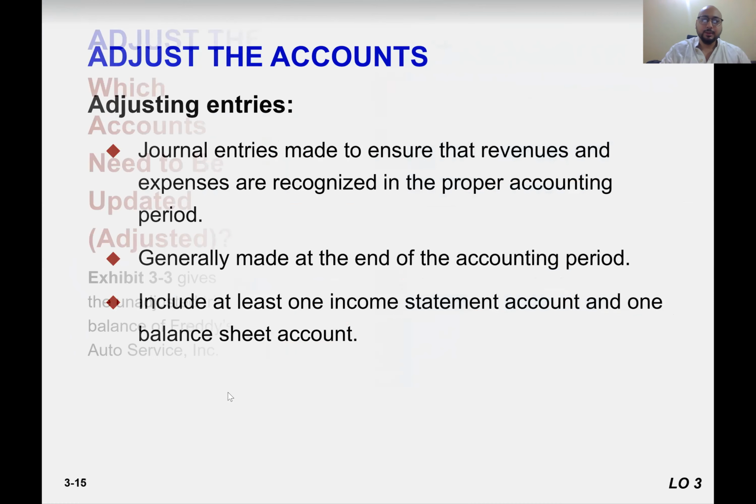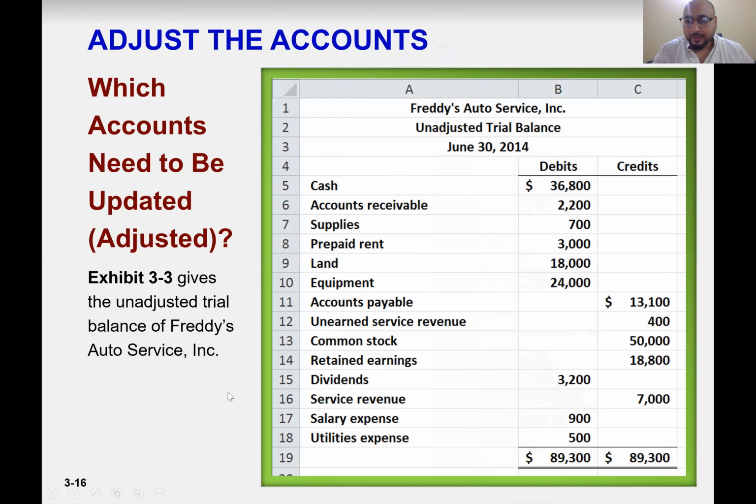So let's talk about it. This is the trial balance. All transactions occurred, you record them, you make T-accounts, and after that you make the trial balance. We call this the unadjusted trial balance, because we did not adjust the accounts for the accounting period.